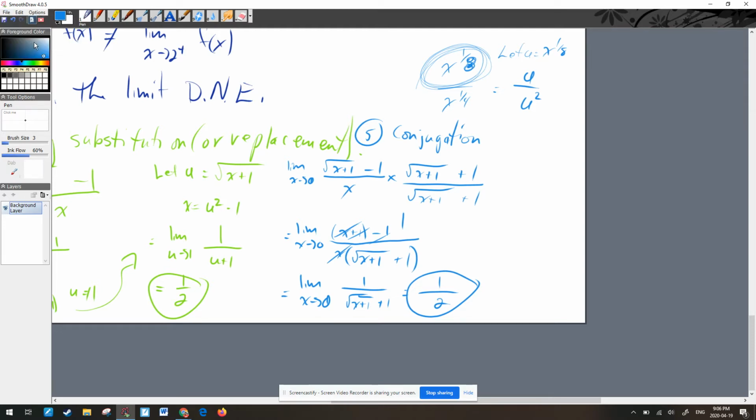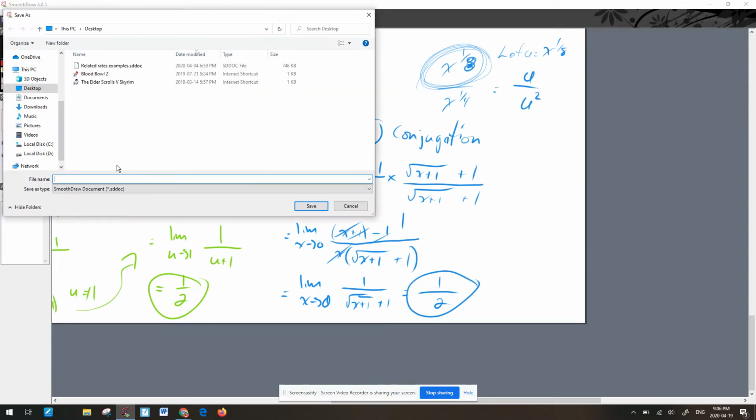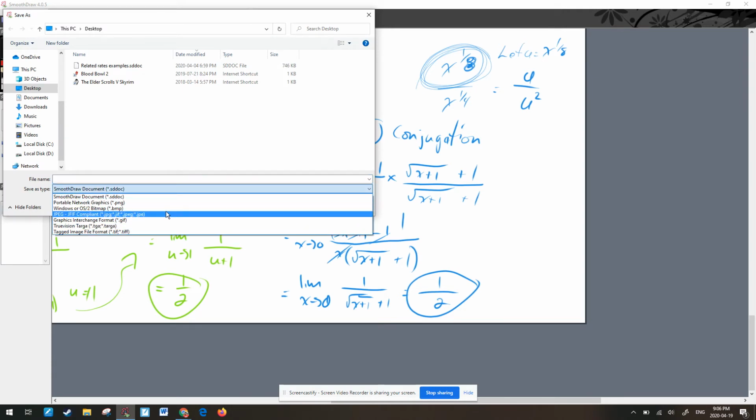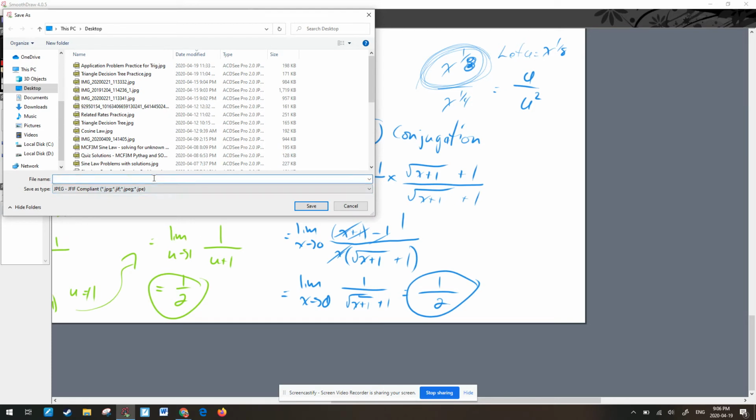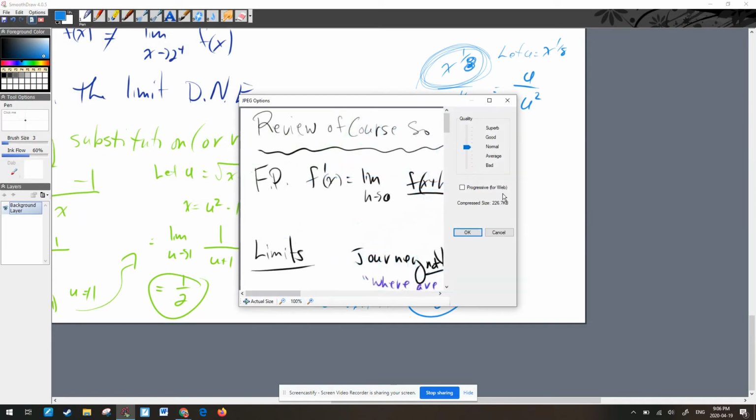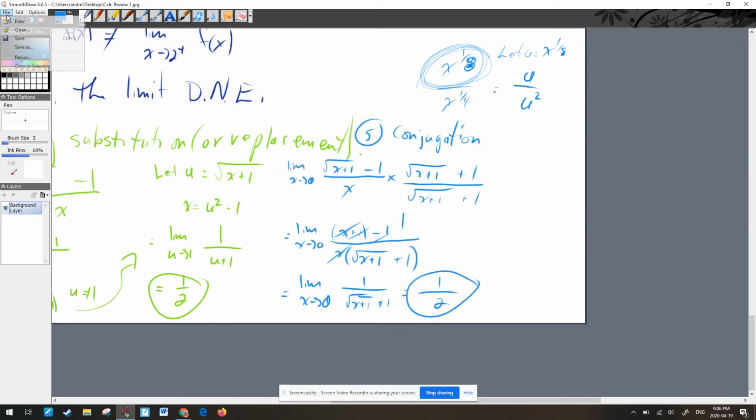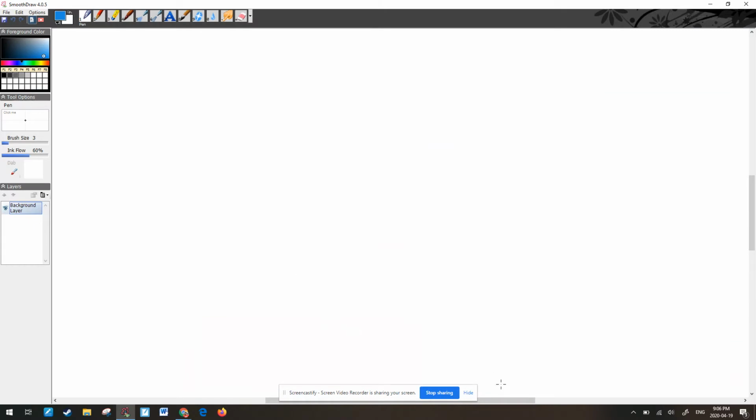File, save as, and I'm going to make it a JPEG so those children who want a copy of it later can have it. We're going to call this Calc Review 1. And that's what it looks like, lovely. And then File, New. All right, okay, so here we go.